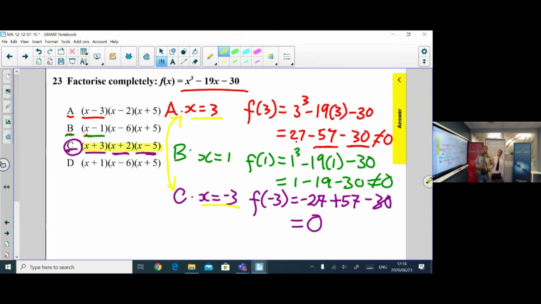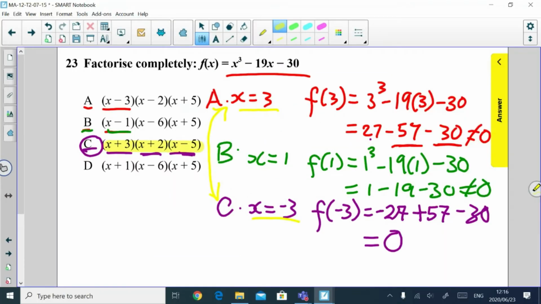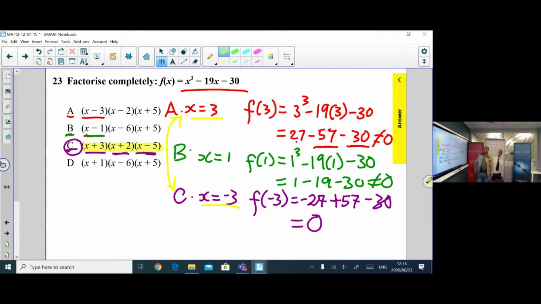So one of the polynomials we looked at was the cubic function or expression, and we began to look at ways to factorize it. And we said to factorize it, you can look for the common factor, you can group like terms, and then you factorize them in pairs.